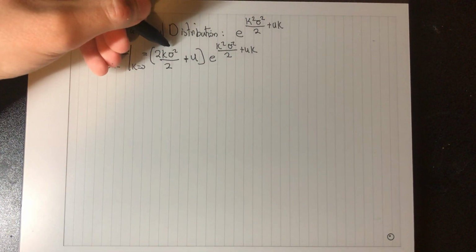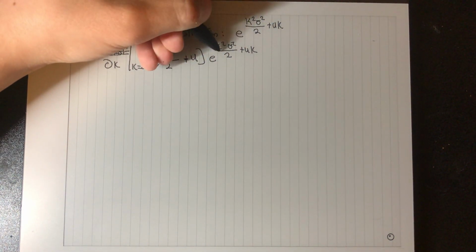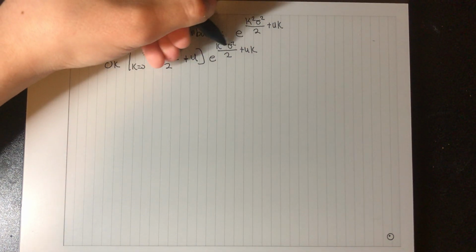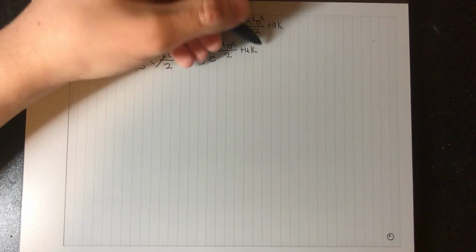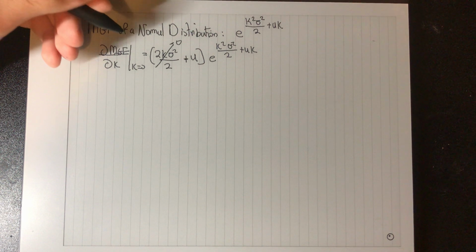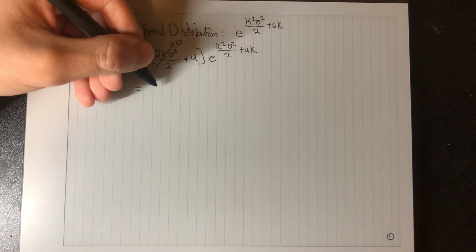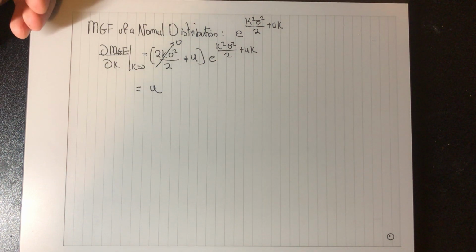Therefore, this would evaluate to 0, and the exponent would evaluate to 0. So we would have e to the power of 0, which is equal to 1, and 1 multiplied by mu is simply equal to mu.